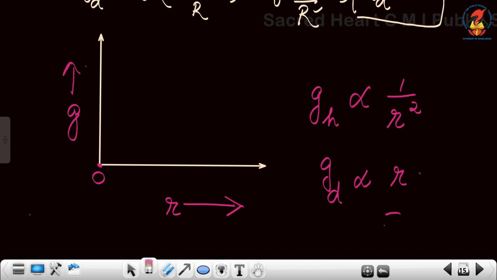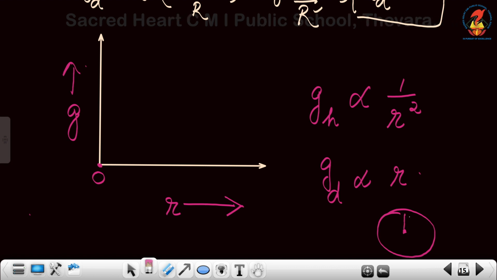This means from the center of the earth to the surface, as r is increasing, as the distance is increasing, what happens? g_d, or acceleration due to gravity, also increases, and on the surface of the earth it will have a maximum value. And according to the other relation, as the object goes away from the surface of the earth, or as the height increases, what happens? The value of g will decrease.